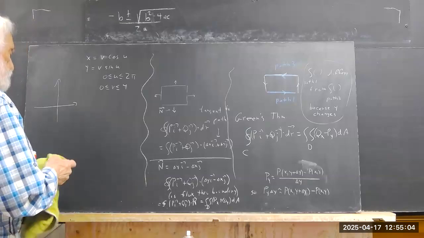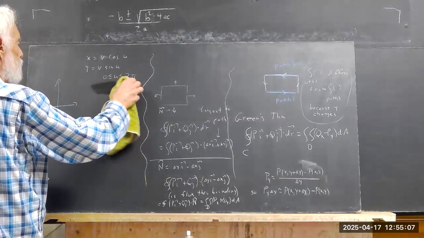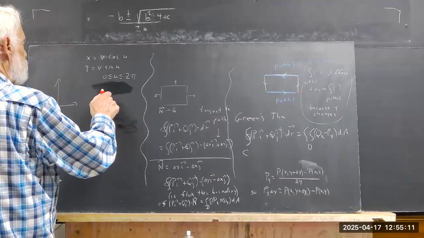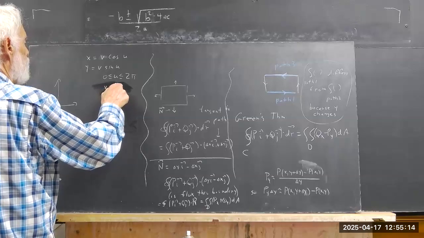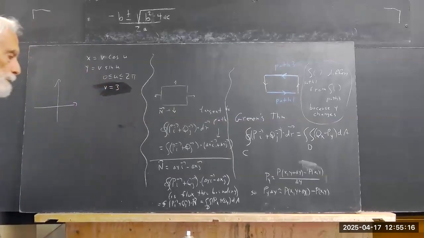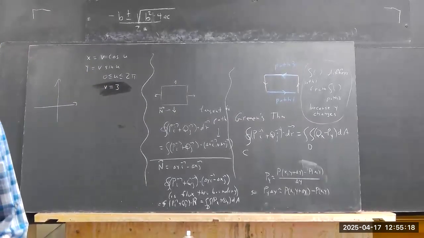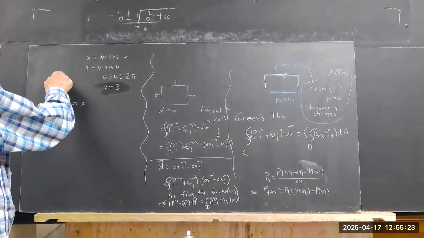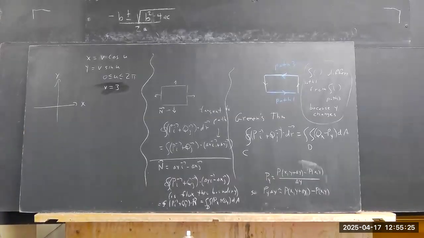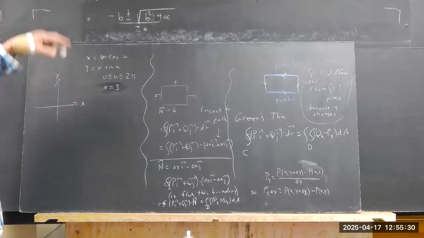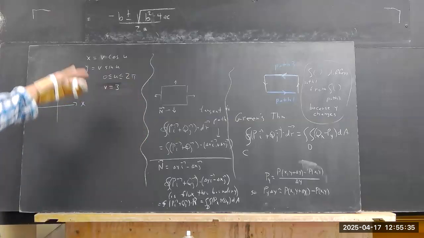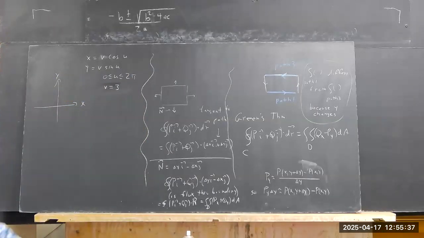Let's just let V, maybe think of V ranging from 0 to 4, but let's just let V equal 3. So what's our shape in the XY plane? Well, this should be pretty obvious if you understand the unit circle definition. It's just a circle of radius 3. But we can prove that.